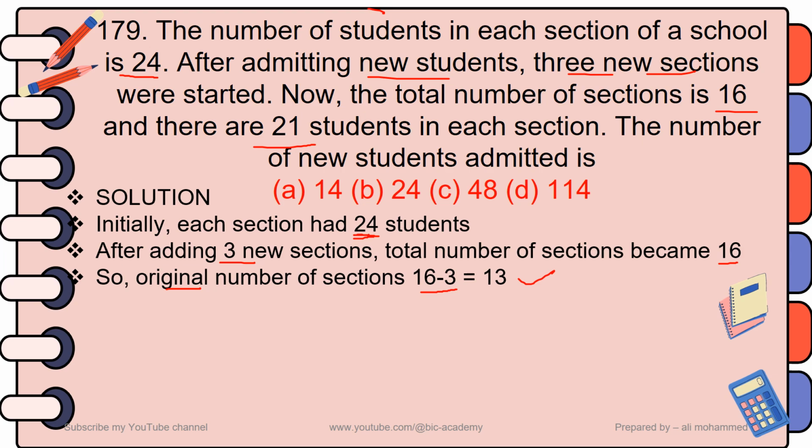And again you have the initial number of students in each section, 24, and the initial number of sections, 13. From this you can get the initial total number of students, which is 13 times 24, which is equal to 312.